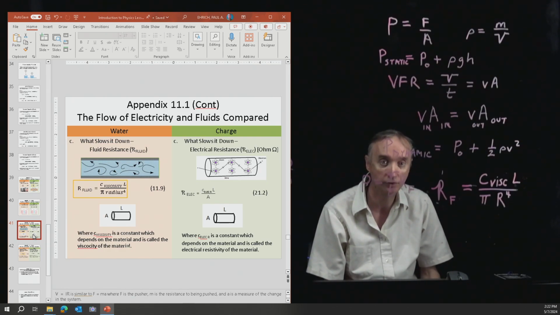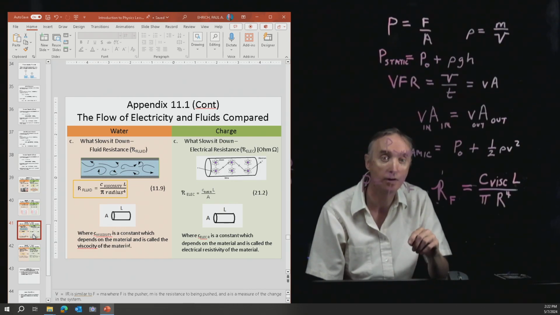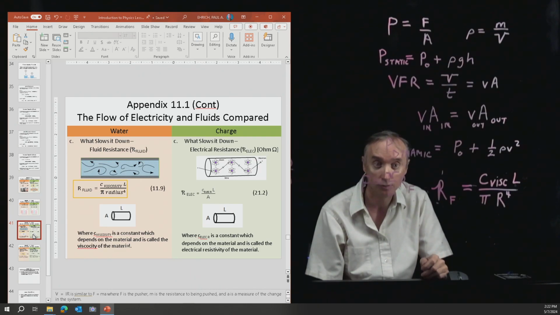We call that fluid resistance, and notice that it depended on R, the radius raised to the fourth power, which is going to be basically the area squared.